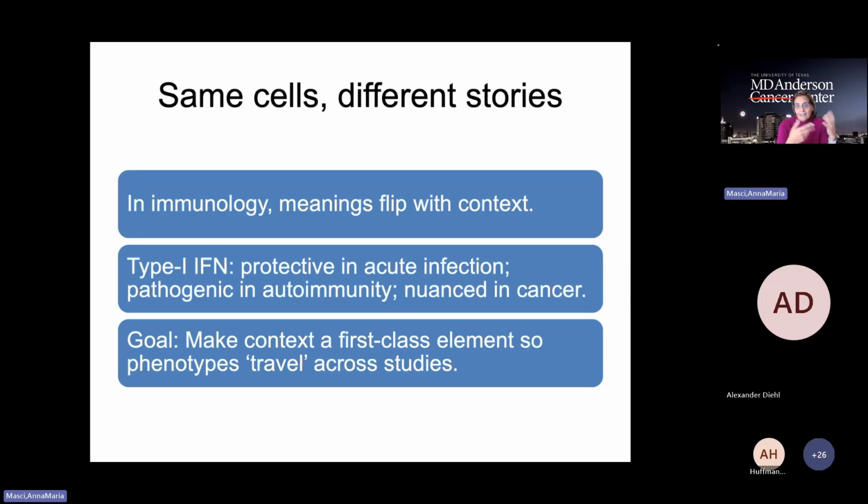You can have a protective effect when you have an infection, but you can also have continuing activation of immune cells and develop autoimmunity. Or, depending on the timing and the concentration, you can have a response to cancer or a complete tolerance to cancer. So the context really makes the difference.